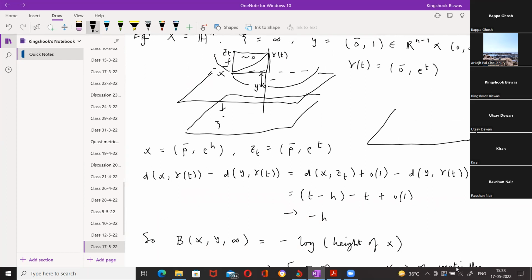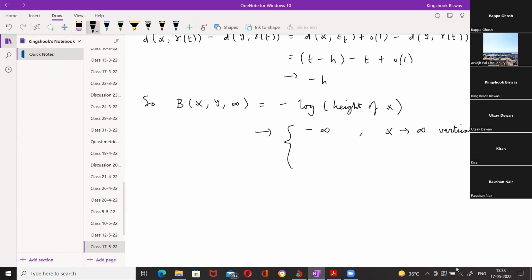So log of the height goes to minus infinity. So minus of this goes to plus infinity, right? So this goes to plus infinity if x converges to xi not equal to infinity. Is this clear?